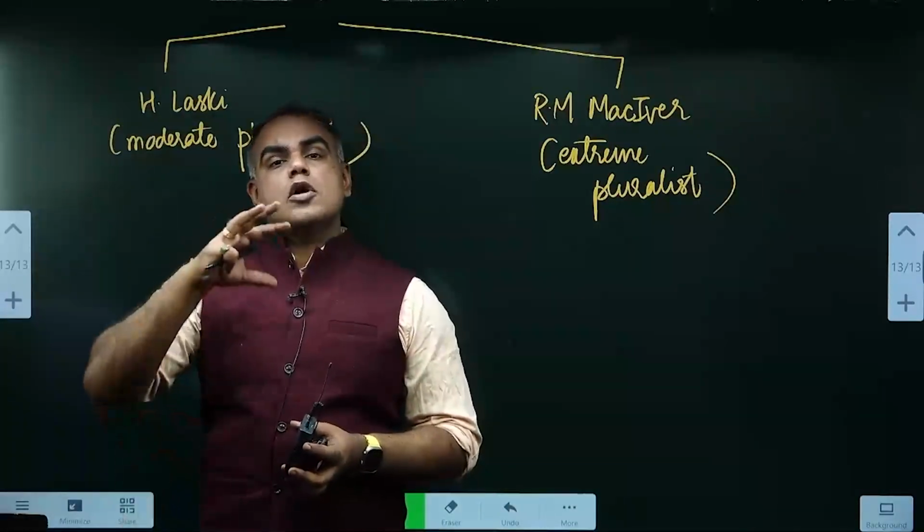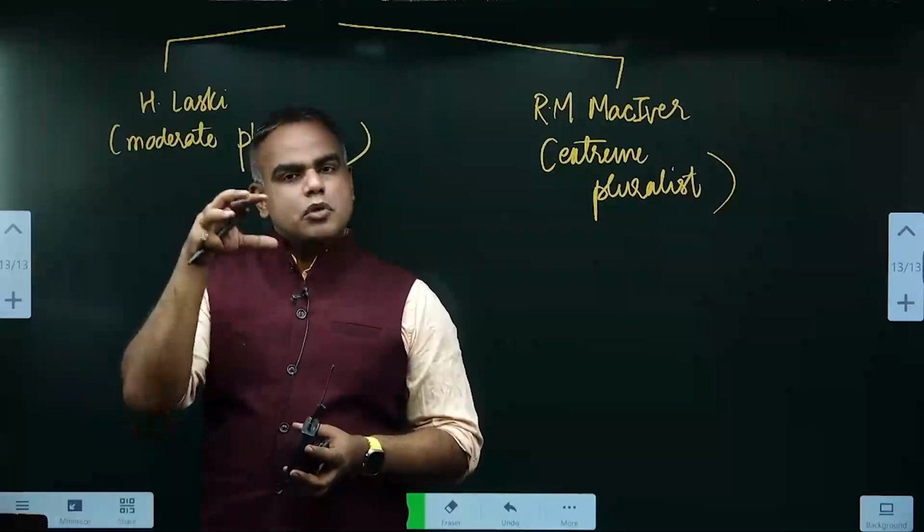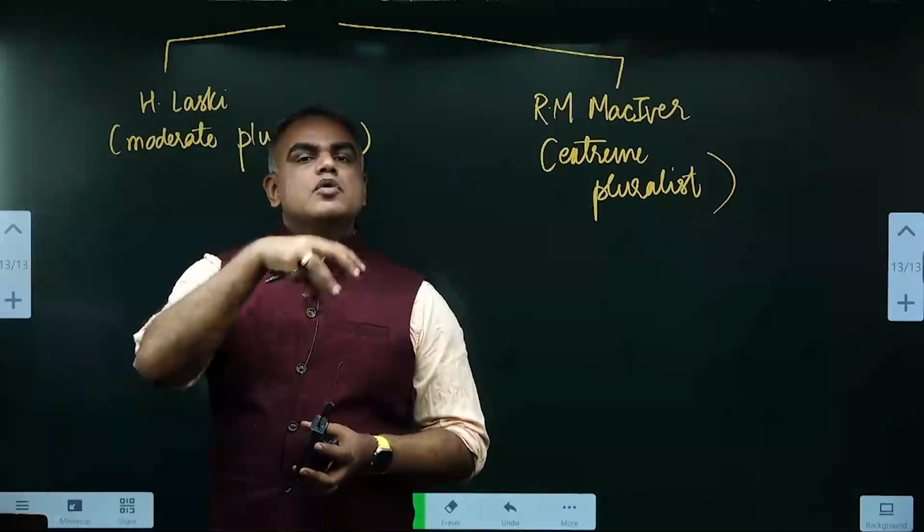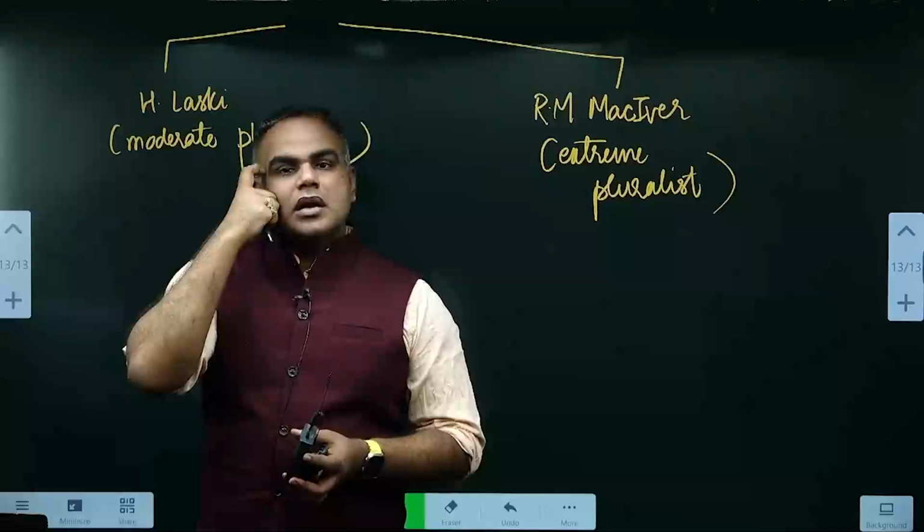Second, he believes monistic theory is responsible for all these wars. In fact, he goes so far as to say that if you remove the concept of sovereignty from political science, it will do more good.